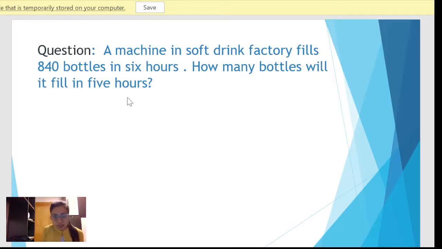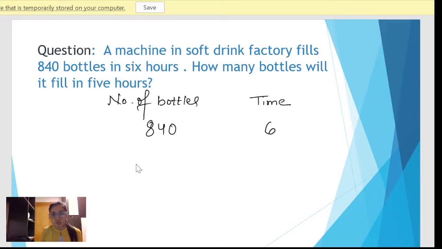So first write the data: number of bottles, and here I am writing the time taken to fill it. 840 bottles the machine is filling in 6 hours. What will be the number of bottles it will fill in 5 hours?